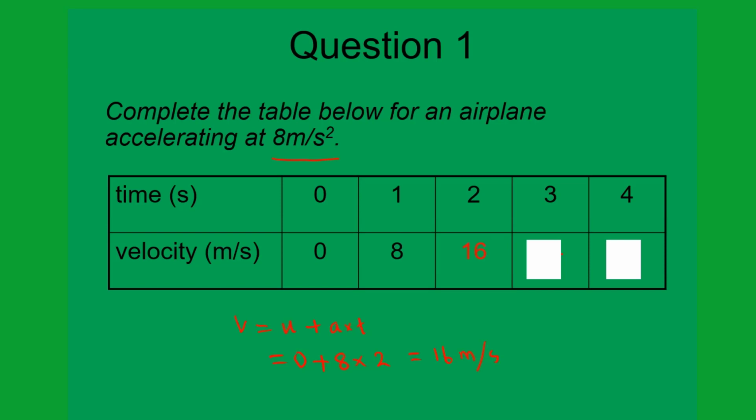Then what will it be after 3 seconds? Again we can calculate using this formula. Initial velocity 0, acceleration is 8, and after 3 seconds the velocity will be 24 meters per second. Now tell me the final velocity after 4 seconds.